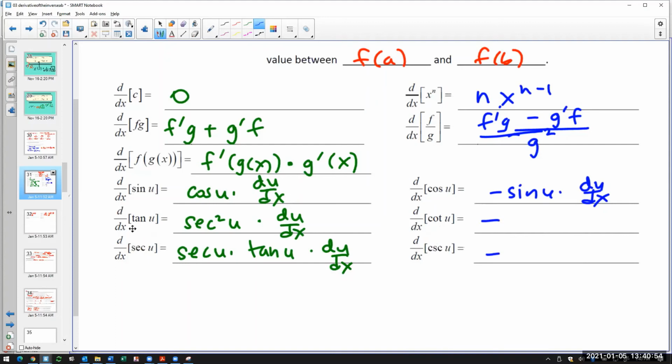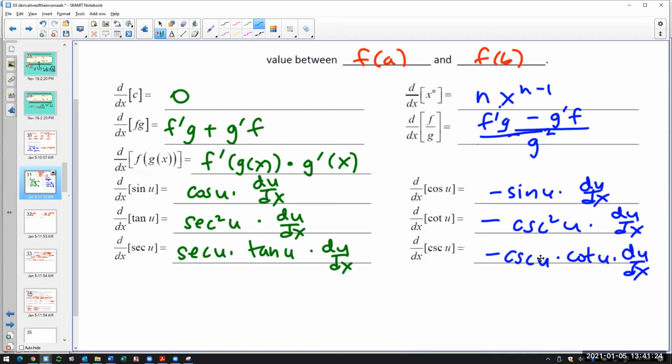If the derivative of tangent is secant squared, then the derivative of cotangent is, guess what? Cosecant squared. If the derivative of secant is secant u tangent u, then the derivative of cosecant is going to be negative cosecant u cotangent u times du dx. You guys good there?